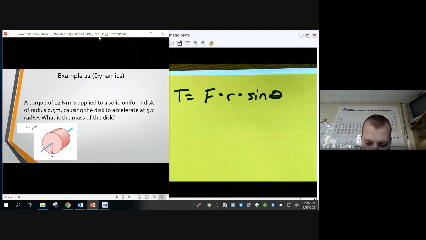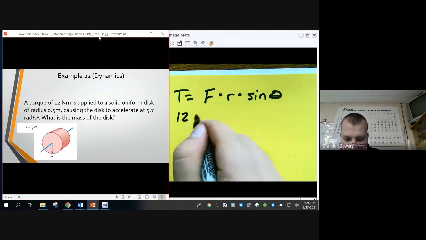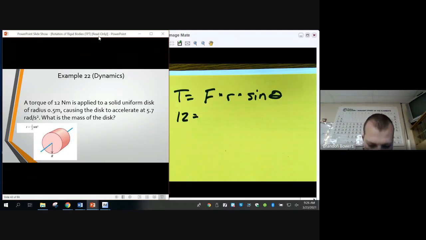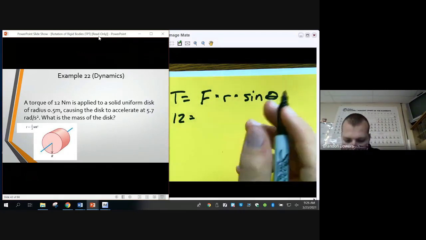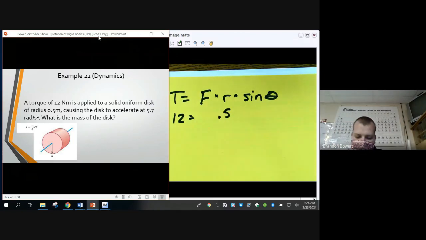So, if we look here, my torque is 12. Now, I know my radius is 0.5, so let's put that in. Sine of theta is just going to be 90, so we're good.